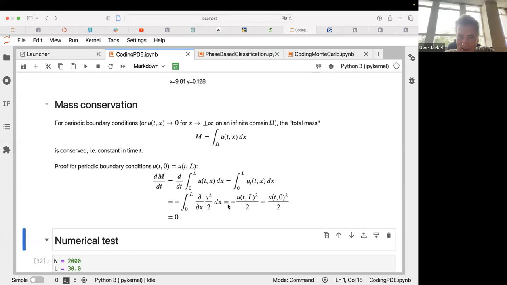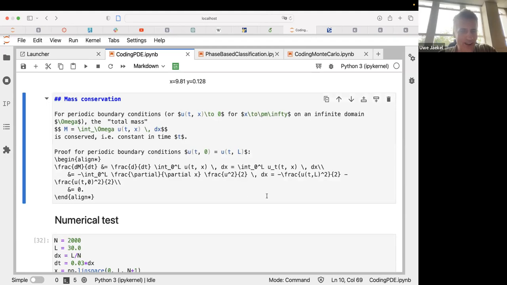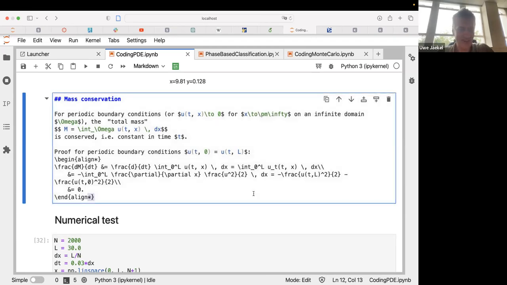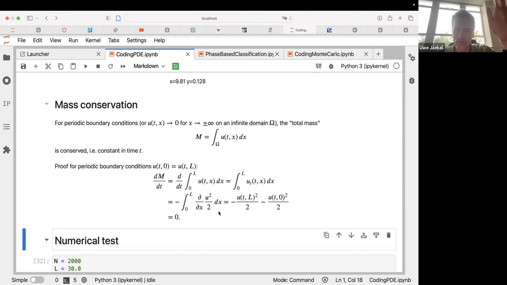So we can make use of the fundamental theorem of calculus, that the integral over a derivative is the antiderivative evaluated at the boundaries.